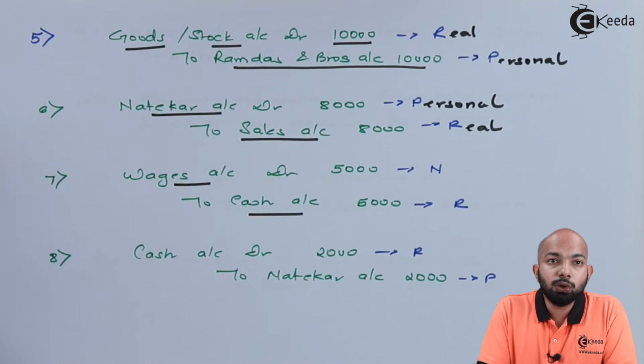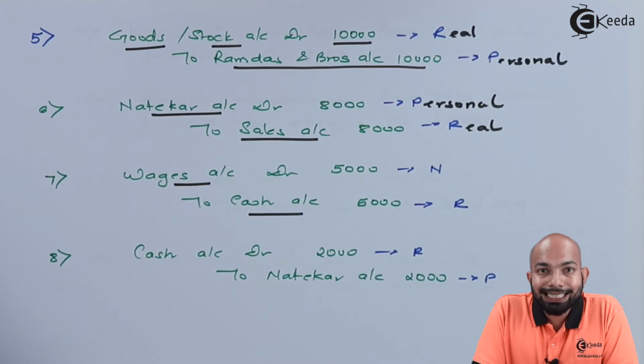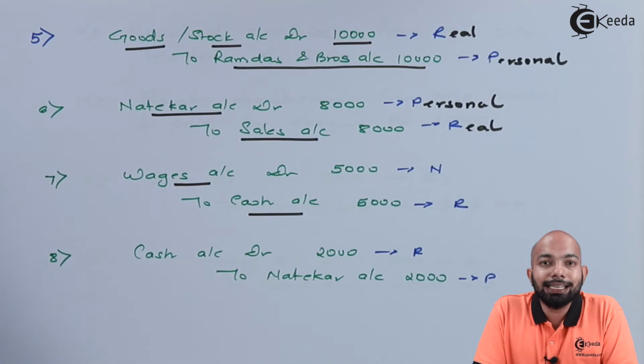Paid weekly wages rupees 5,000. Now these wages have been paid in cash, so wages is an expense. Wages is an expense, hence it forms part of nominal account, and we are giving it out in cash. That's the reason cash is going out.